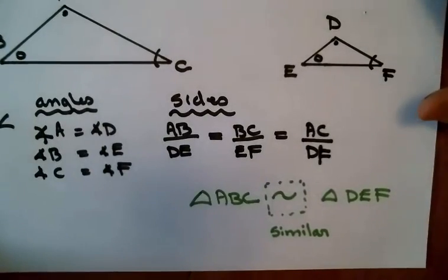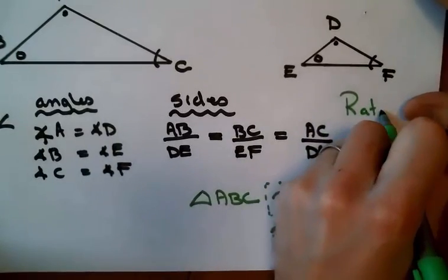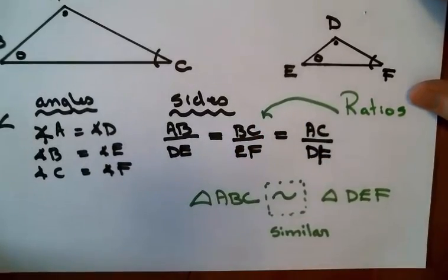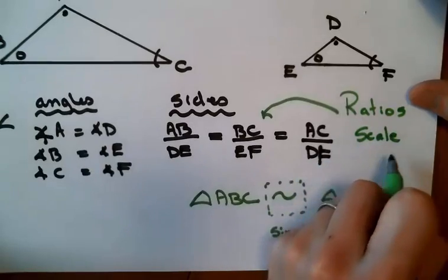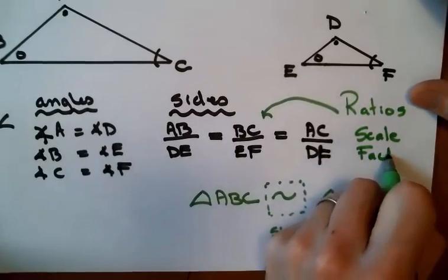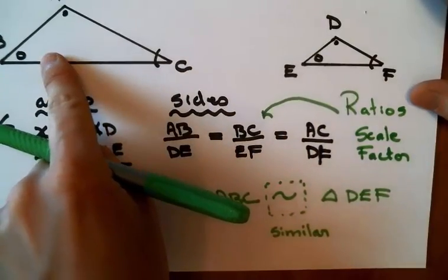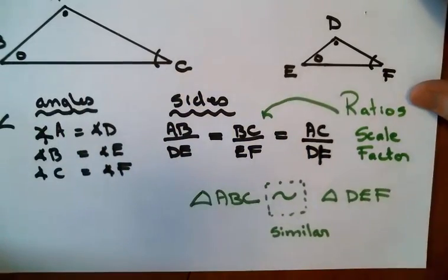So something to note, these are the ratios, and it creates like a scale factor. So maybe this triangle's half the size of that one, or maybe this triangle's 1/3 the size of that one. That would be the scale factor. So 2 for half, or if it was a third, the scale factor would be a 3.